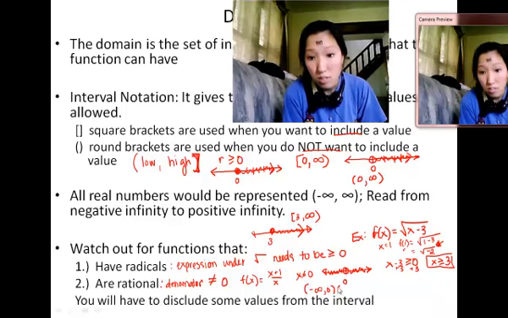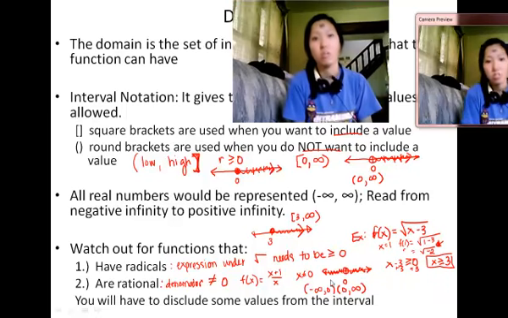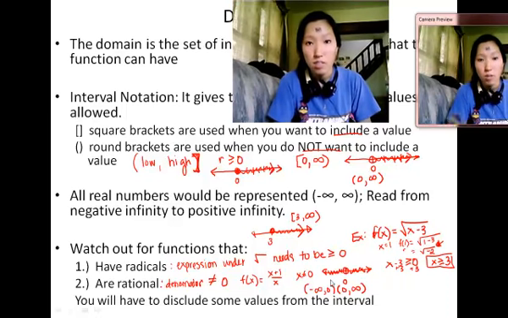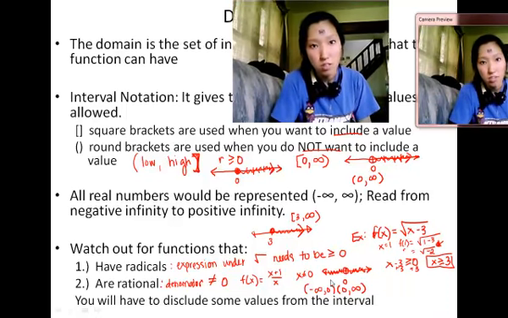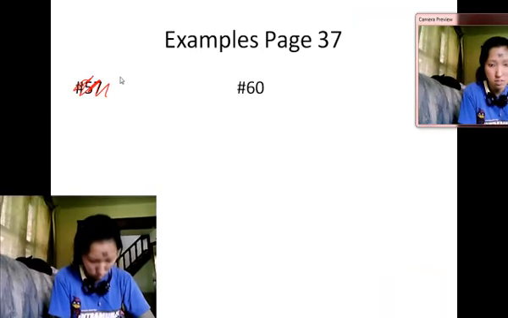And then you would continue on from there: 0 to infinity. So what we've done is we've broken that stretch of numbers at that 0. We've taken that effort to exclude the 0. Watch out for radicals, watch out for rationals when you're looking for a domain. I'm actually going to erase this, and I should have written these down.